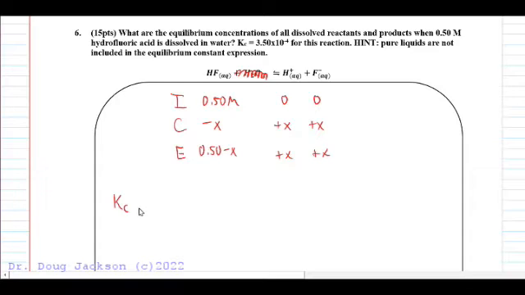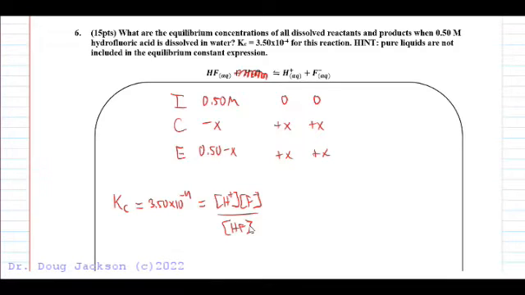So Kc, we said, was 3.50 times 10 to the minus 4 for this reaction, and that's going to equal our products, H plus, fluoride over HF, all raised to the 1 because we don't have any coefficients in our balanced equation.